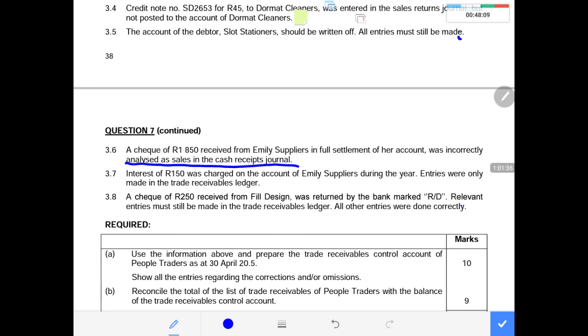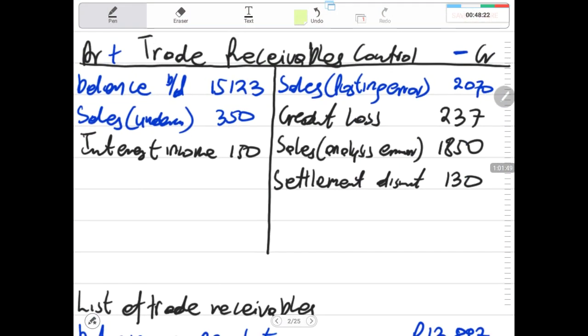So we corrected it very well. And we said, oh, our sales were increased more than they're supposed to have been because this transaction was not sales. So when we corrected that in the trade receivables control, our contra entry was sales. We are removing it from sales, acknowledging it as our trade receivables control.